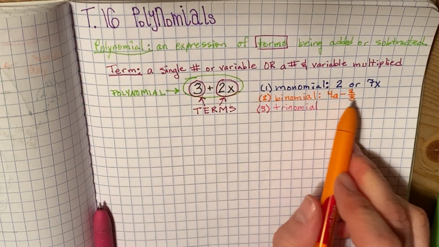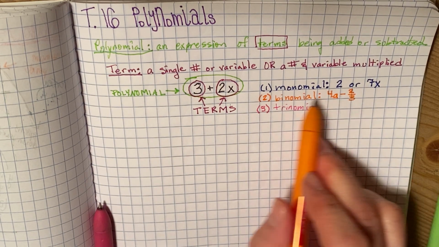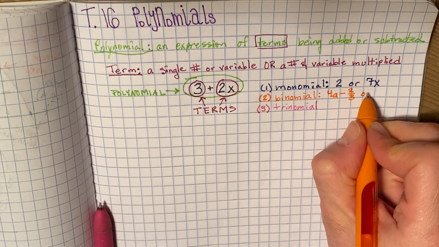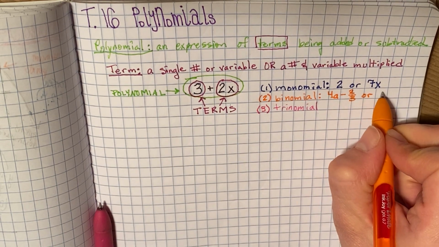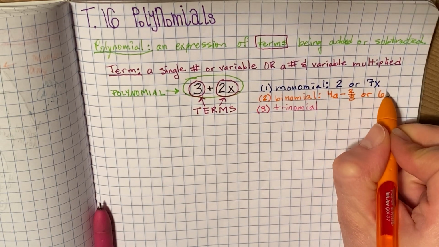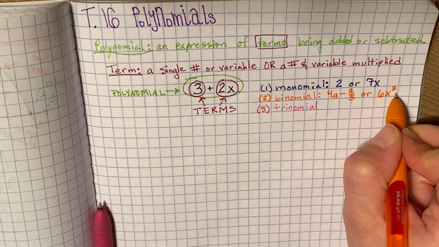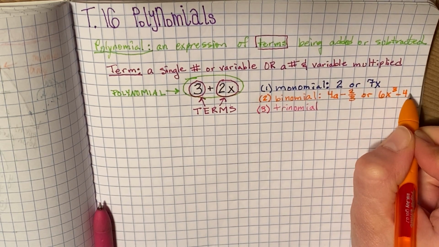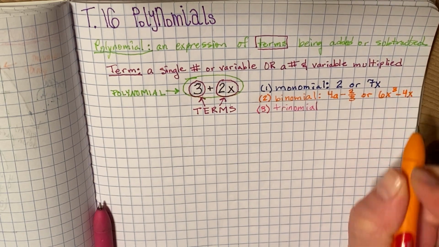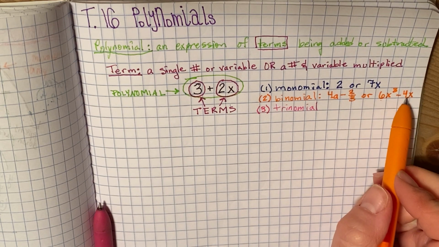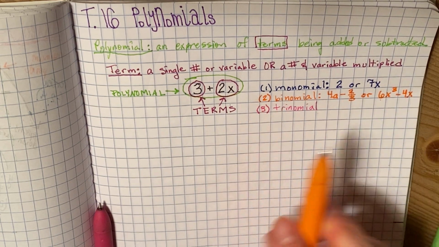So those 2 terms make it a binomial. Or what if we had something different? 6x cubed minus 4x. 2 terms, okay? 2 terms, binomial.